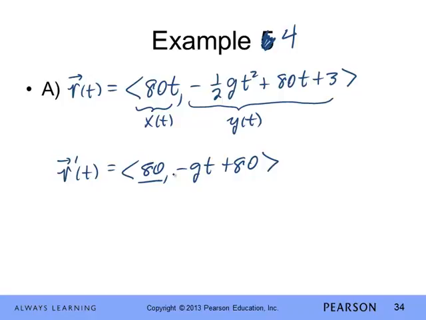That's one of the hallmarks of projectile motion: the horizontal component has a constant speed. So for the entire time that the ball is in the air, it's going to be going 80 feet per second horizontally until it hits the ground. Now, the vertical velocity is given by the negative of the acceleration due to gravity times t plus 80.